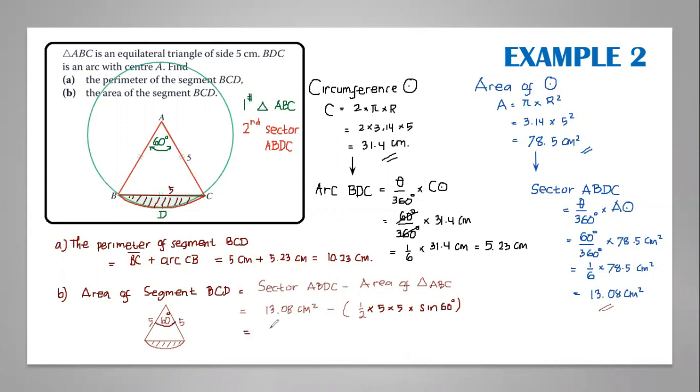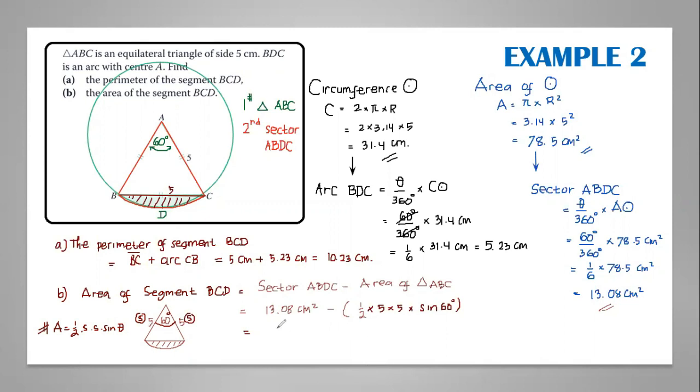So this is the area of the triangle by using the sine rule: a half times, let's say this side is S and this side is S, S times S times sine theta. You still remember the formula, right?